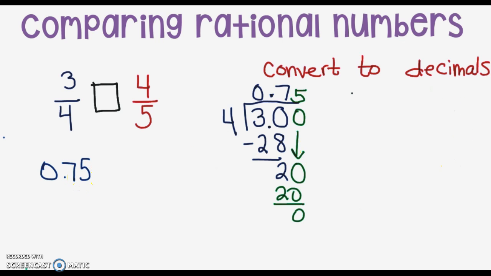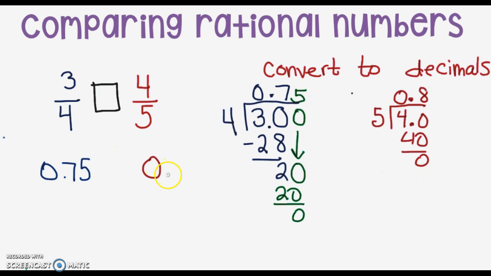Now again, let's try this with our 4/5. We want to take 5 and divide that into 4. Again, we're going to put our decimal place. We know this is a number that is less than 1. 5 doesn't go into 4, but if we add our placeholder here, 5 goes into 40 8 times. 8 times 5 is 40, and you're left with a remainder of 0.